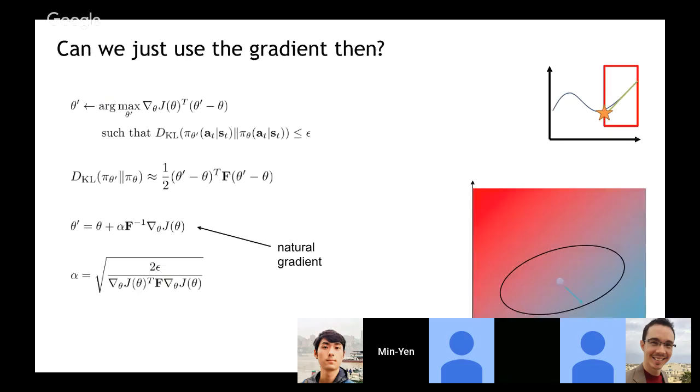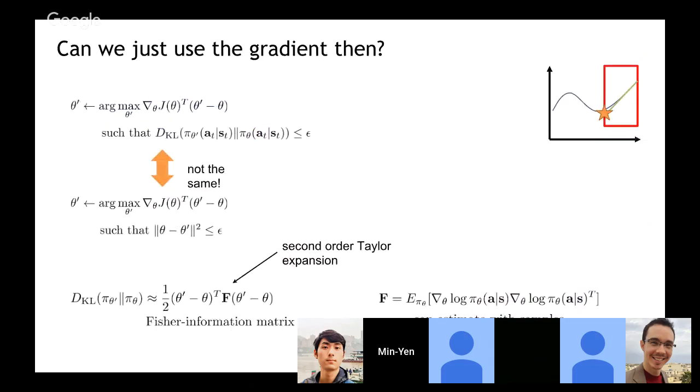I think if you go up, yeah, it's like right. So we are trying to change the KL divergence into the bottom form. They are saying that the KL divergence can be approximated with the Fisher information matrix, right?